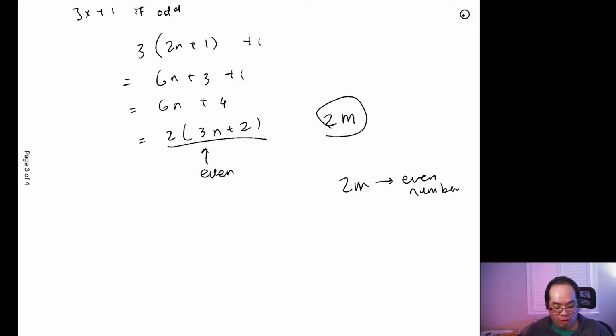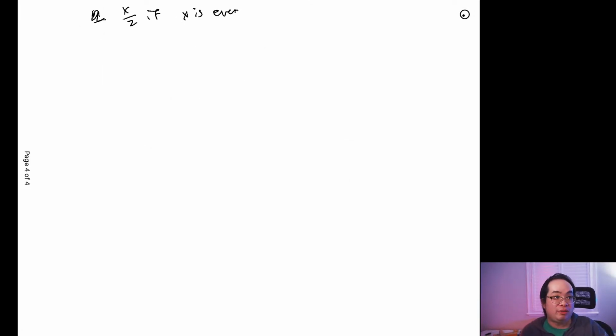So if x is even, this is the other branch, x over 2, right? We evaluated for all odd numbers, and we know that it will eventually become an even number. So let's look at all even numbers. So let x be a number of 2n form.